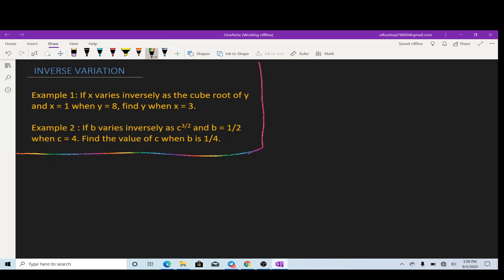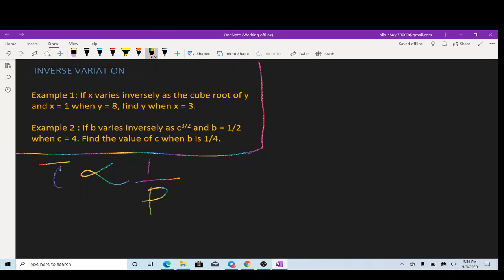For an example, I can use t. If I say t varies inversely as p, that means t varies as 1 upon p. So this is an illustration of inverse variation.